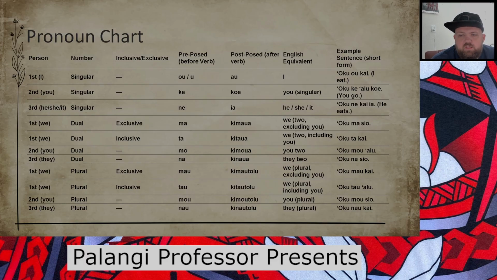We'll discuss this, but a lot of English pronouns do have a before the verb, a preposed version, and an after the verb version. You is one that does not in English, but we'll get to that one next. So we see that for you, preposed is ke and postposed is koe. So our example here is oku ke alu koe, which is just meaning you go, you're going, right?